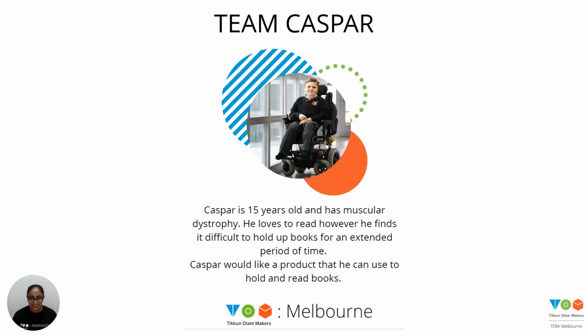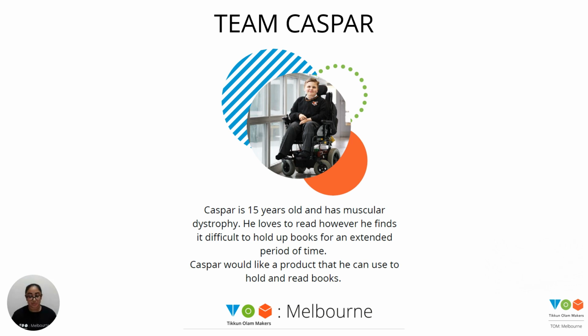Team Casper. Casper is 15 years old and has muscular dystrophy. If you're not familiar with some of these terms, feel free to ask us to refresh your memory when we come on the day. For now, muscular dystrophy basically means it's where someone progressively becomes weak and loses muscle mass. We know our human body has a skeleton, right?